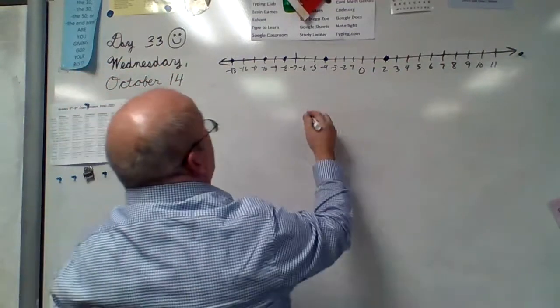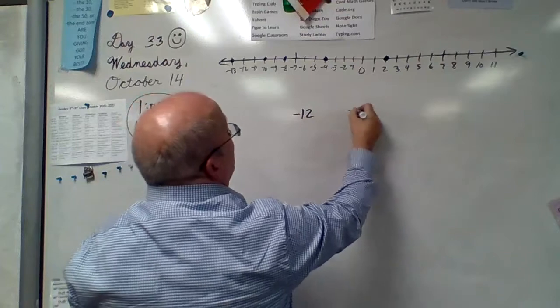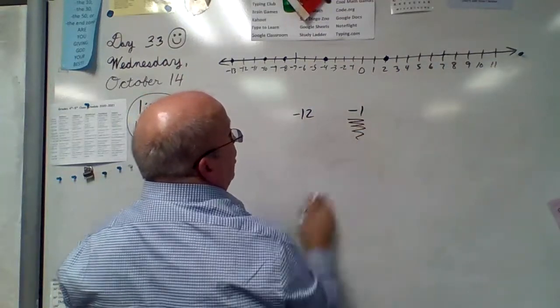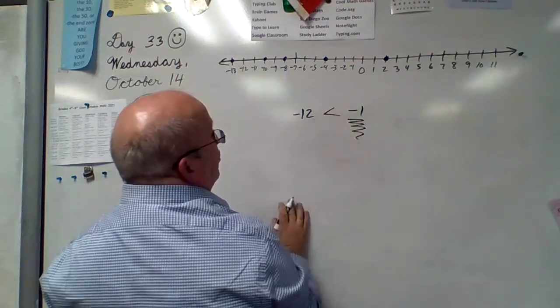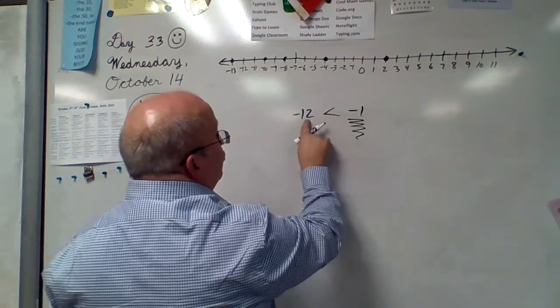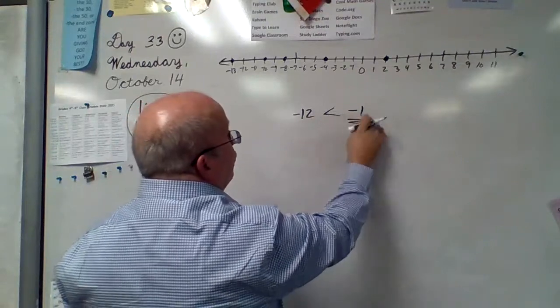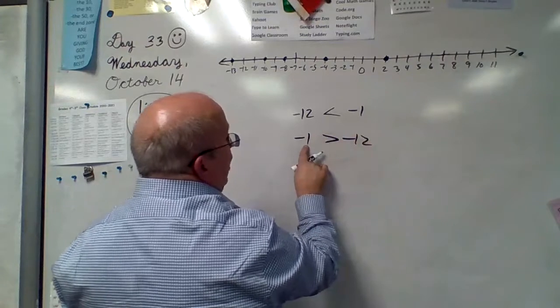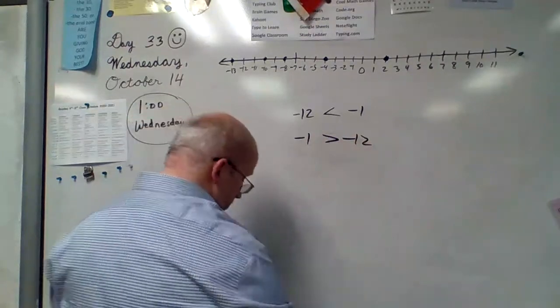So if I put on the board, for example, negative 12 and negative 1, and I said which one's bigger, you'd have to say this one's the bigger number. And we'd need a less than symbol here because negative 12 is less than negative 1. Or you could write it this way, negative 1 is greater than negative 12.